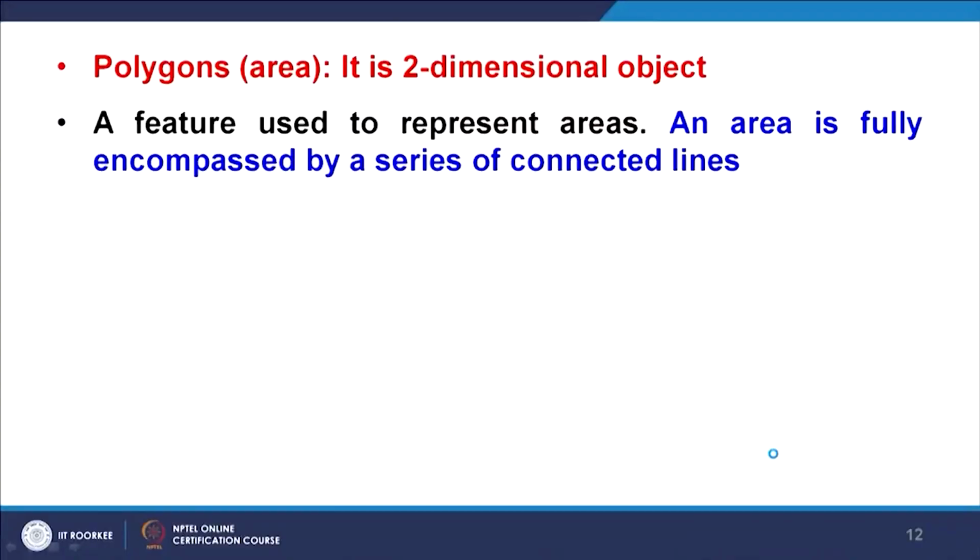So, a polygon or area is a two-dimensional vector entity, and it is used to represent many features which are present on the surface of the earth as polygons. For example, land records or revenue records. Different agriculture fields, different plots, they will be stored as polygons.